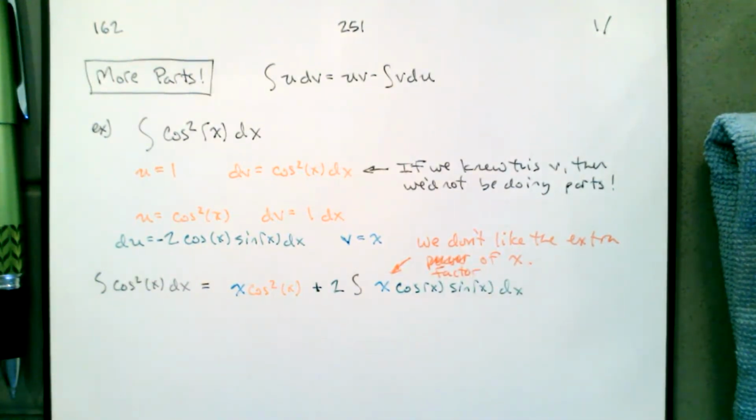It doesn't fit in with the substitution. And if we split up with parts again, I don't know how to integrate x cosine. Well, I'd have to do parts to integrate just the x cosine x part.